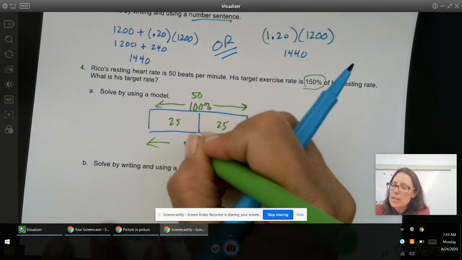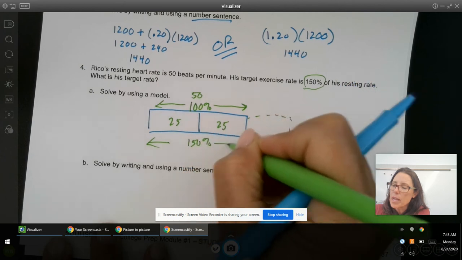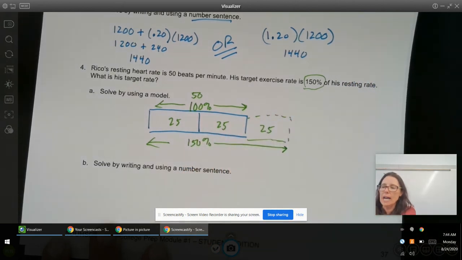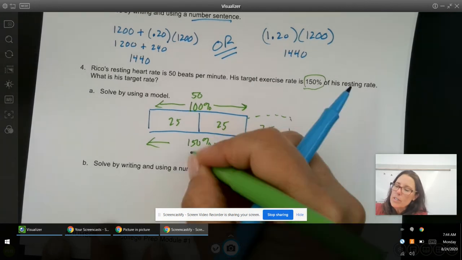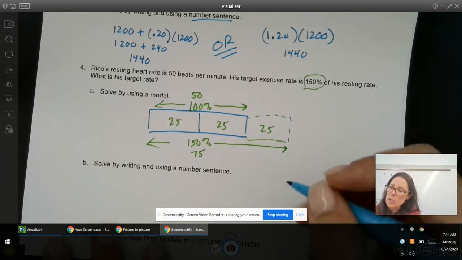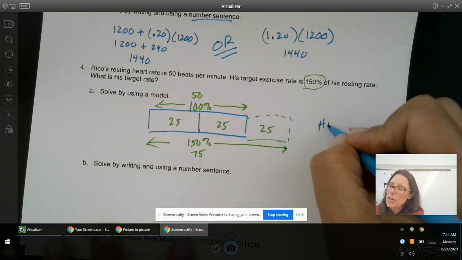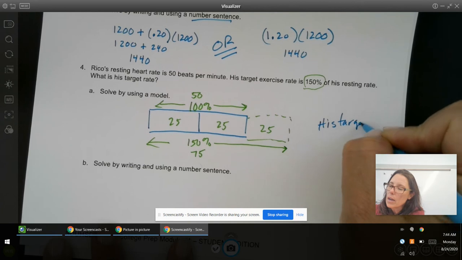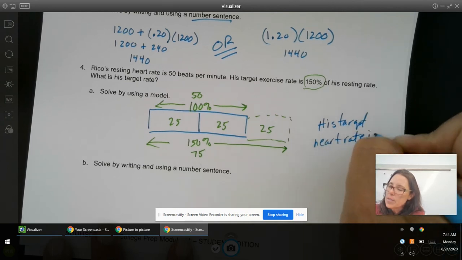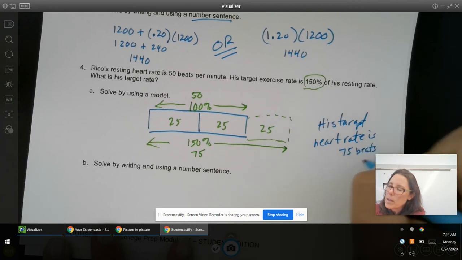That would get us 150%, which is adding on another 25. So 150% is 75 beats per minute. So his target heart rate is 75 beats per minute.